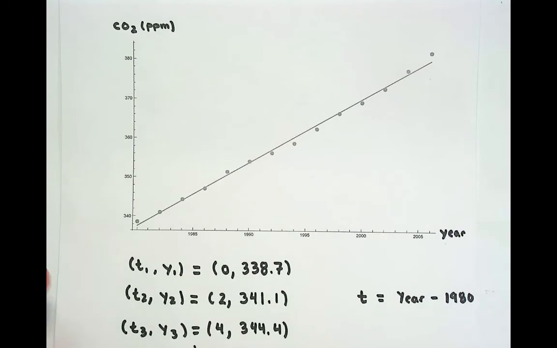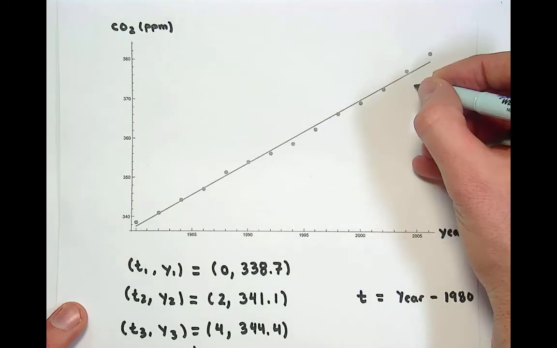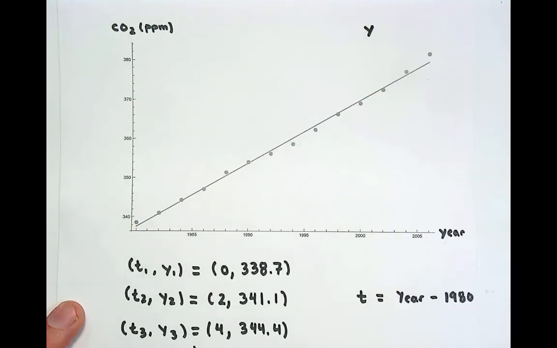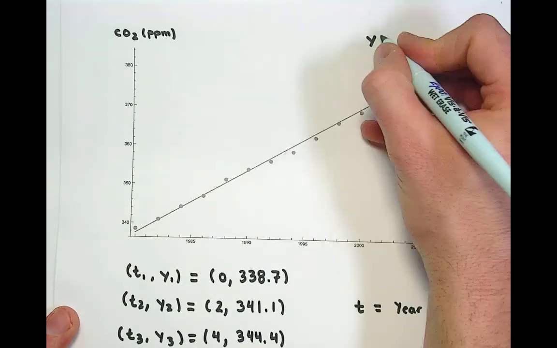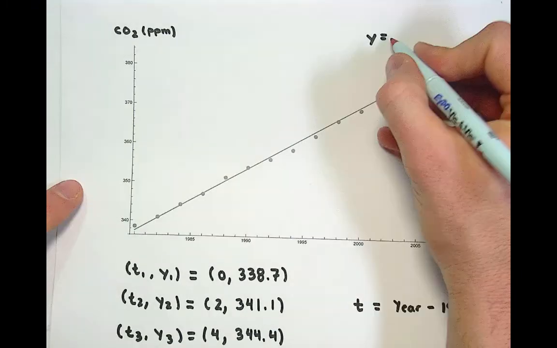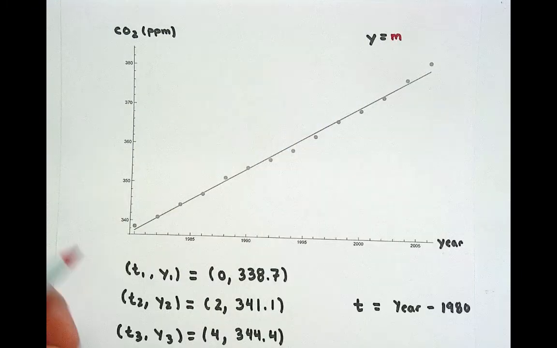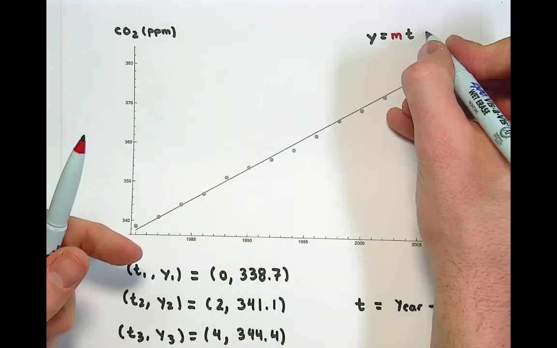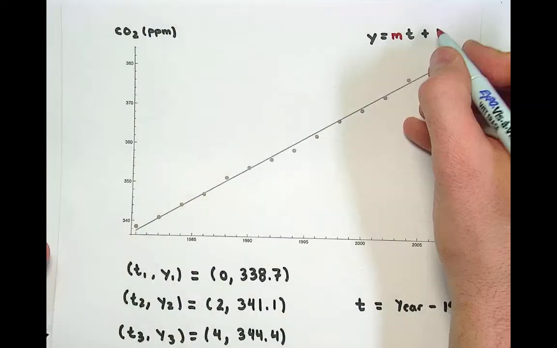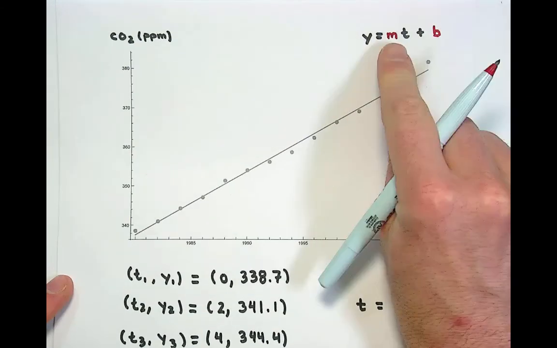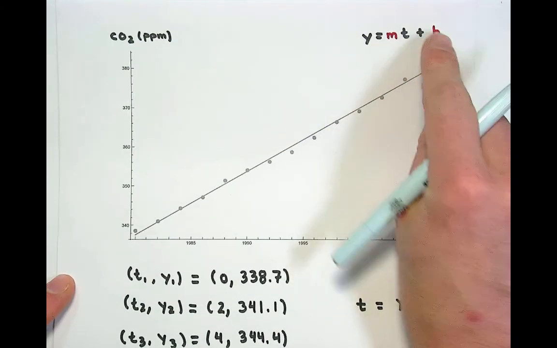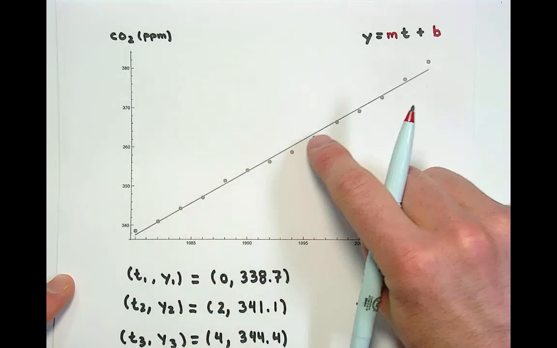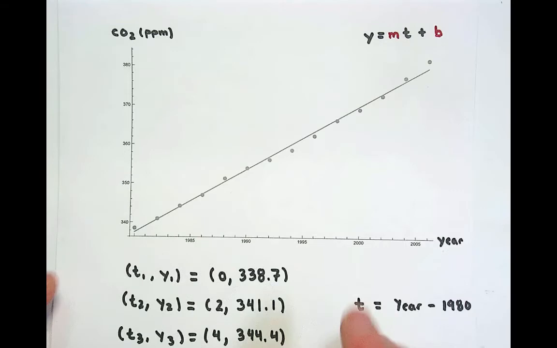We assume that if this is true, we should be able to find some curve, some mathematical model, which we're going to call y equals mx plus b, and we need to find the m and the b. Of course, it's mt plus b because t is the number of years after 1980 in this model. So we want to choose m and b to get what seems to be the best fit curve, right?